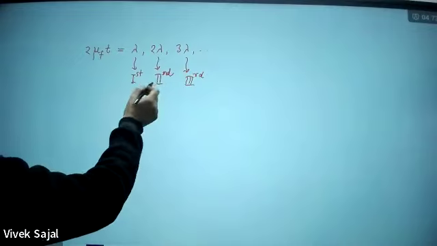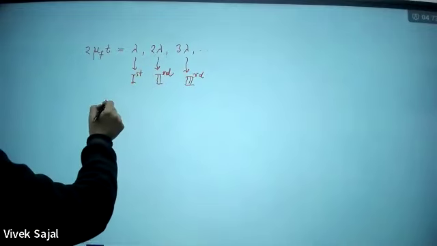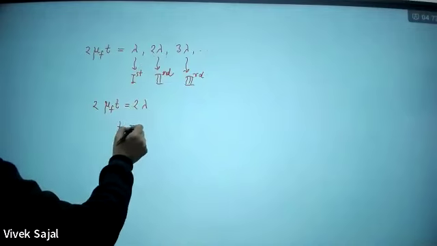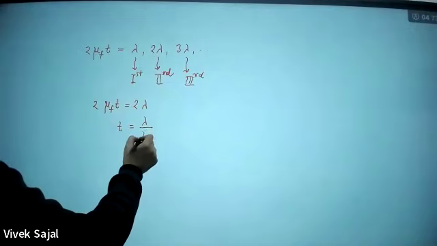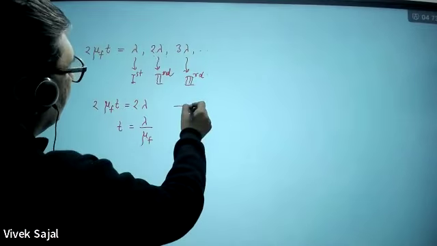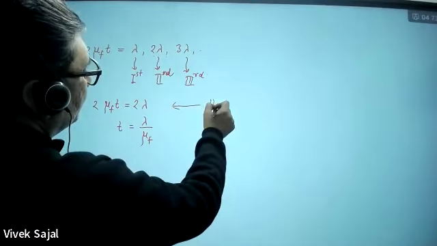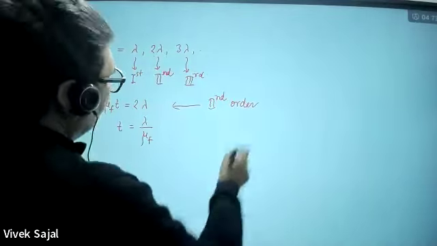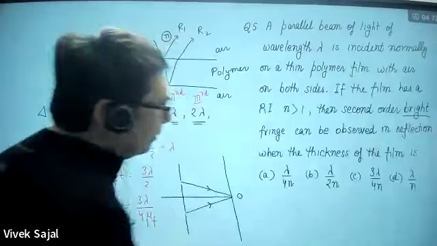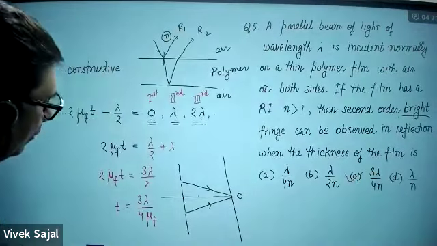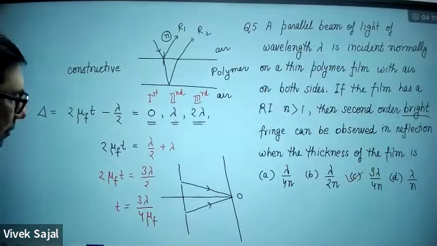So in this case, if they ask you second order, 2 mu t will be 2 lambda. So here t will be simply lambda upon mu for the second order. Okay? Remember this aspect. So your answer here in this case will be 3 lambda upon 4 mu. This will be your answer.